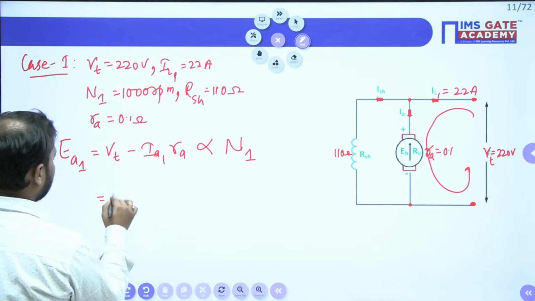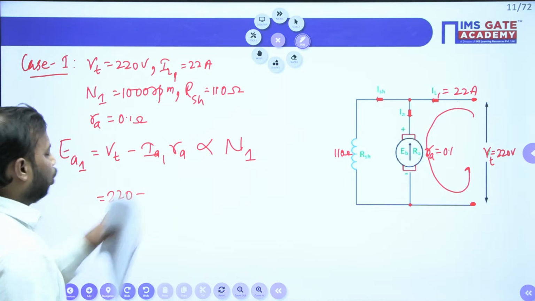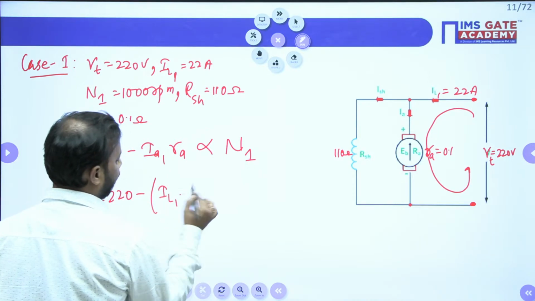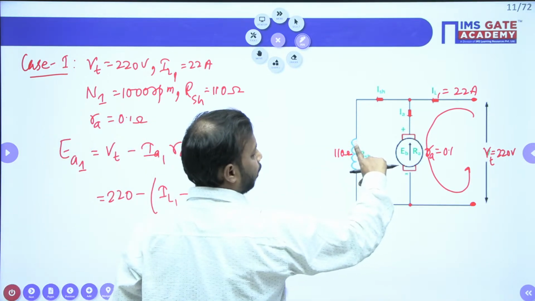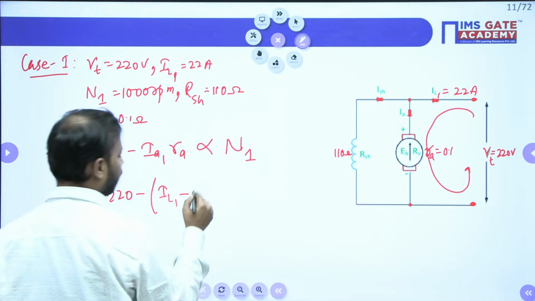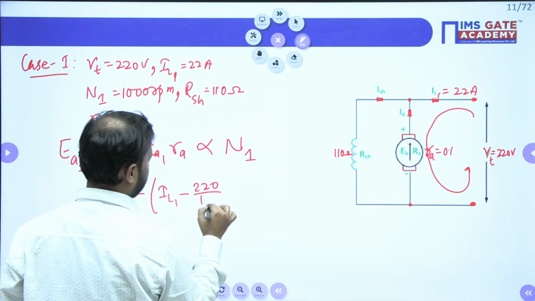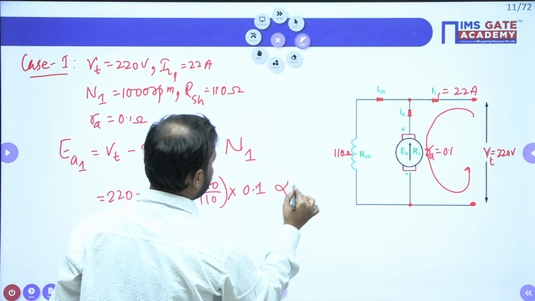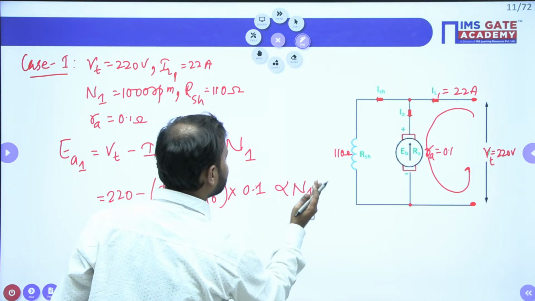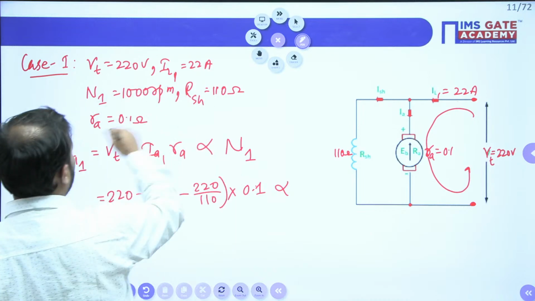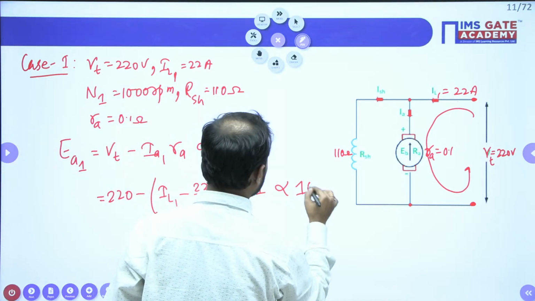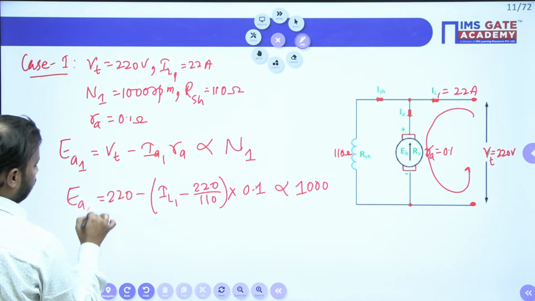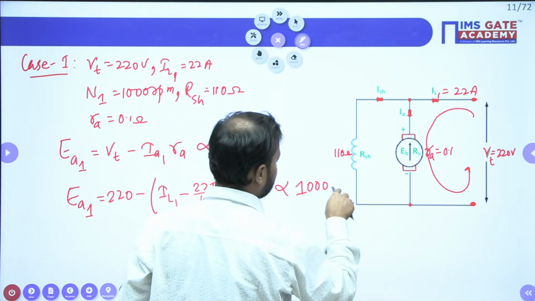Yes, we have 220 minus IA1 RA. How to find IA1? IA1 is equal to IL1 minus this current. What is this current? 220 divided by 110, into RA, RA is 0.1, and this is proportional to N1. N1 is given in the problem, that is 1000. Done. This is EA1. Let me take it as equation 1.